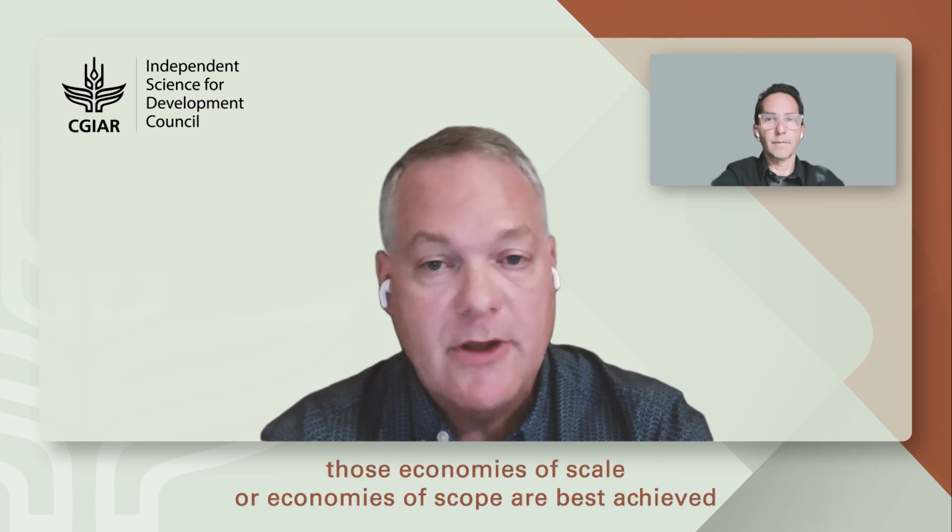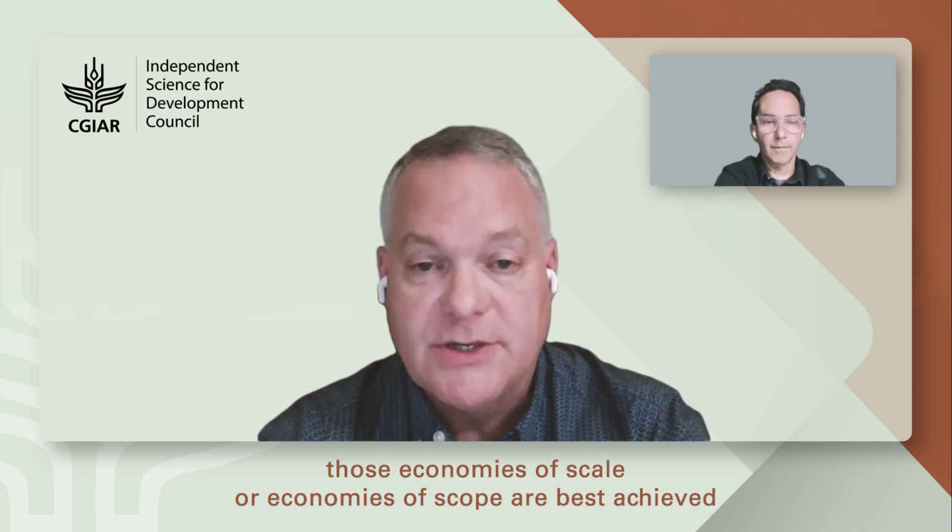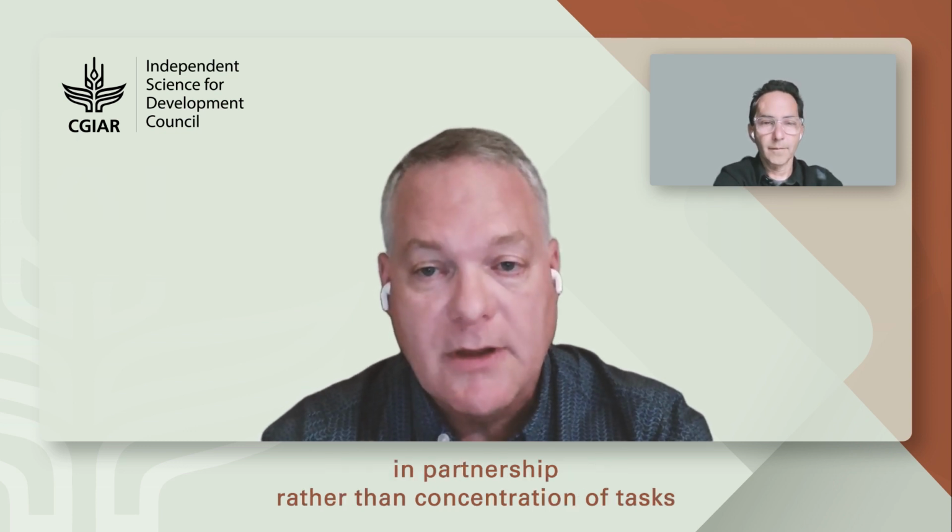That is a central thing that we need to keep in mind in comparative advantage analysis for CGIAR, that we need to be looking for these opportunity costs for the relative efficiencies of CGIAR accomplishing different goals, taking into account these synergies, but recognizing that sometimes those economies of scale or economies of scope are best achieved in partnership rather than concentration of tasks within just CGIAR.